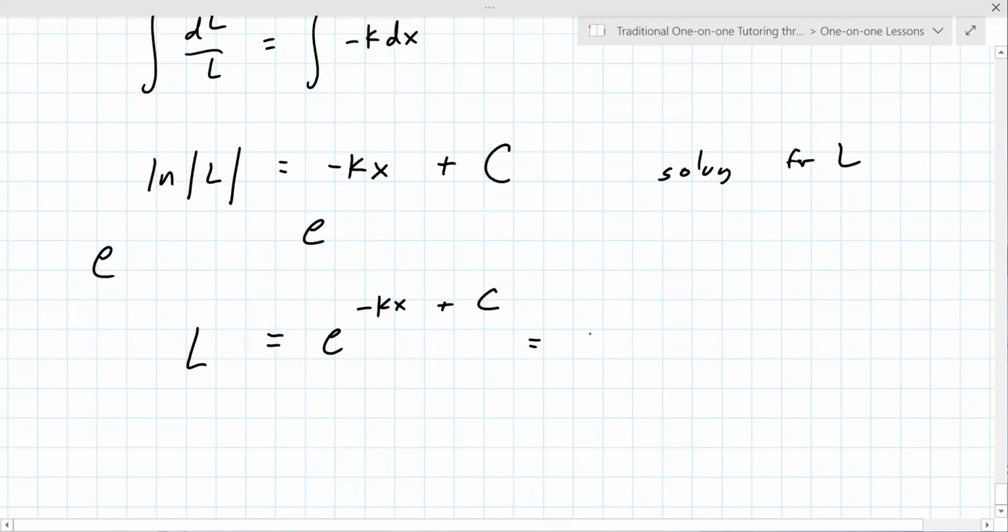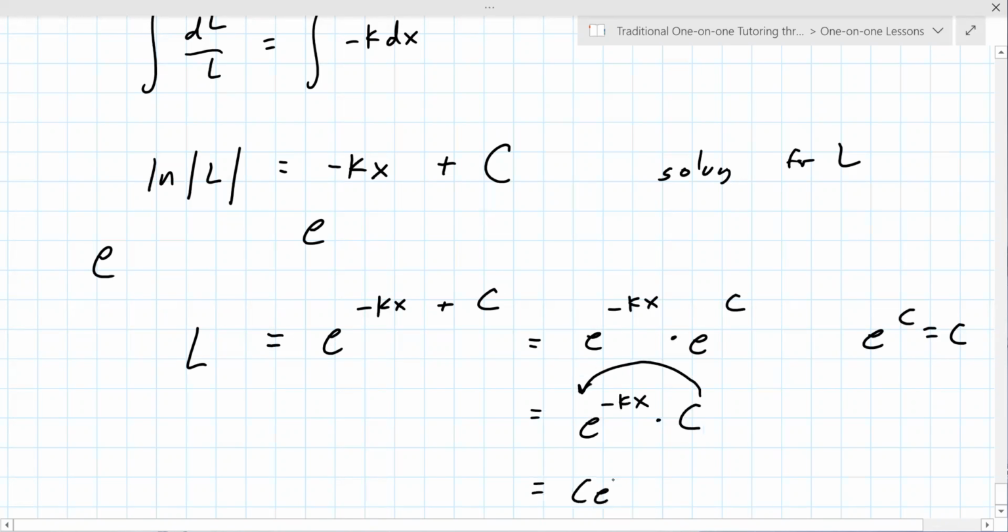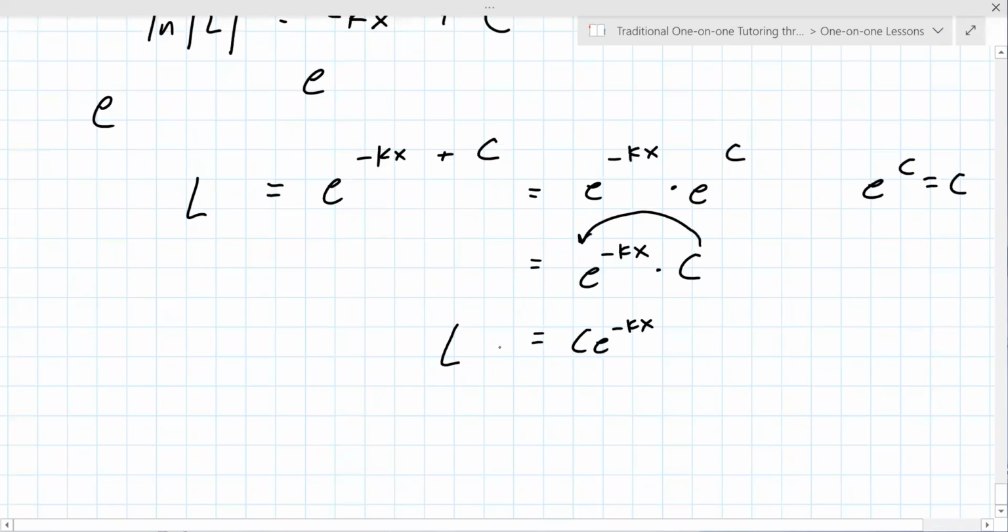This right-hand side can be rewritten as e to the minus kx times e to the c, because when the bases are the same, you can add the exponents. And then you can say, e to the c is really just c. So this is e to the minus kx times c. And most of the time you see that out in front, so it's ce to the minus kx. So L is really equal to this.